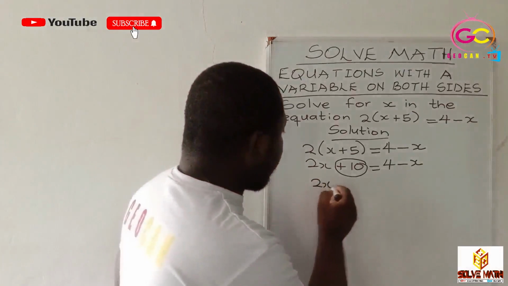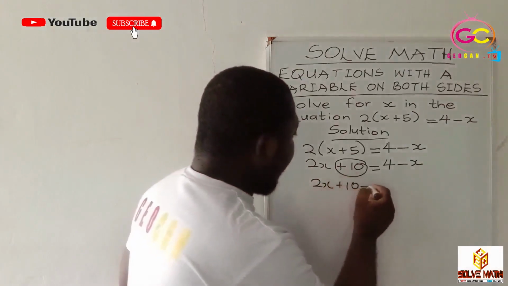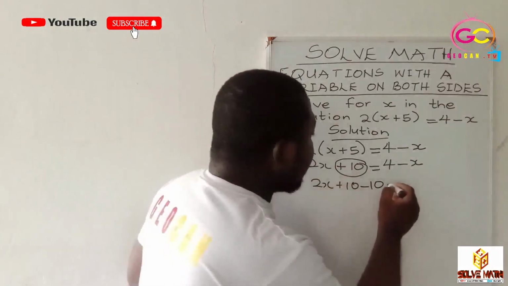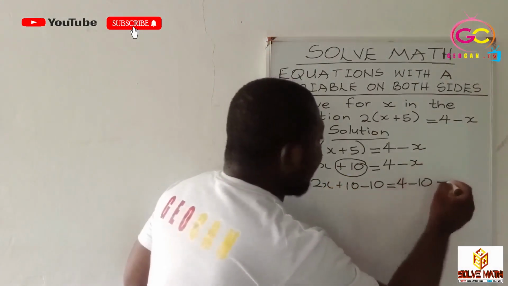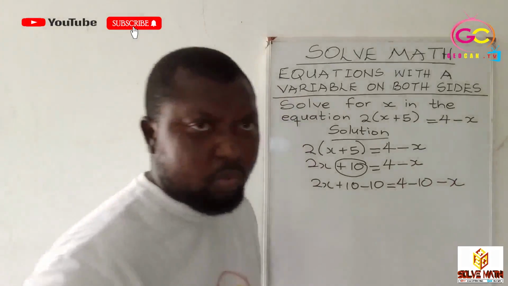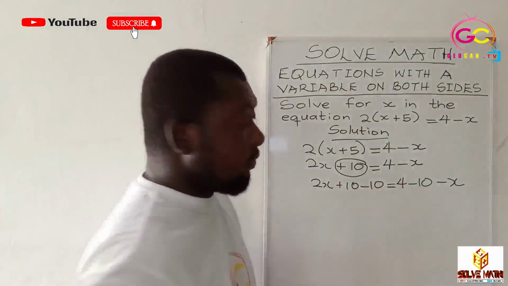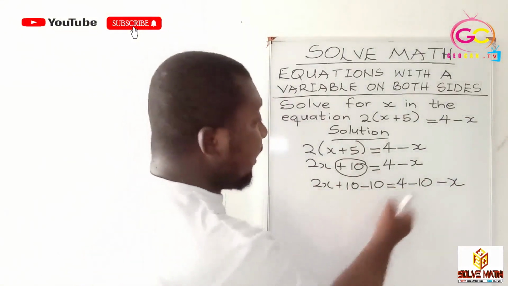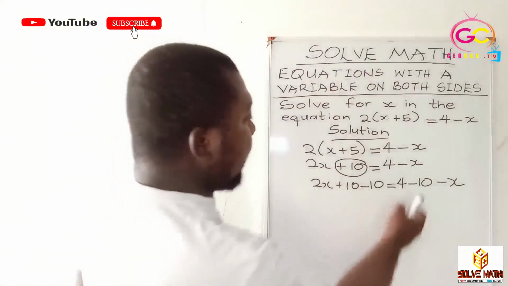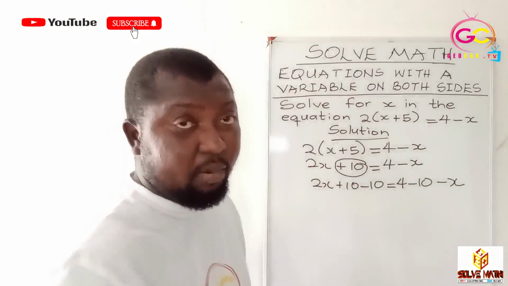So 2x plus 10 minus 10 is equal to 4 minus 10, then your minus x. I hope you got it. I placed the minus 10 closer to the 4 because they are both constants, and in order to be easier for us to do that subtraction, I believe you get that.